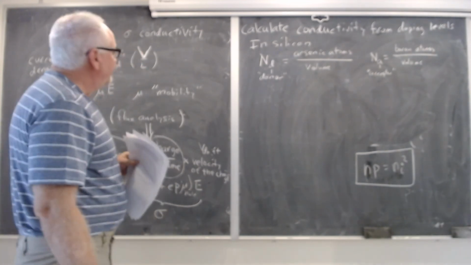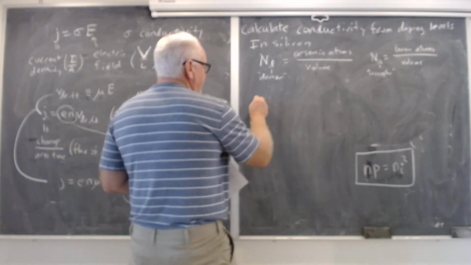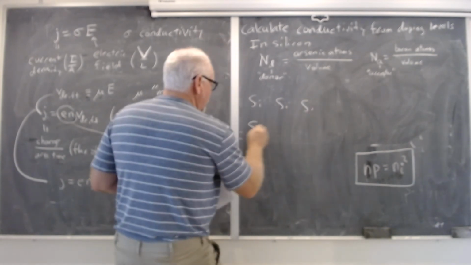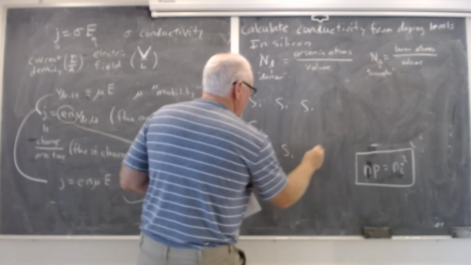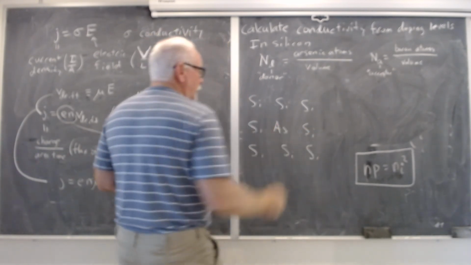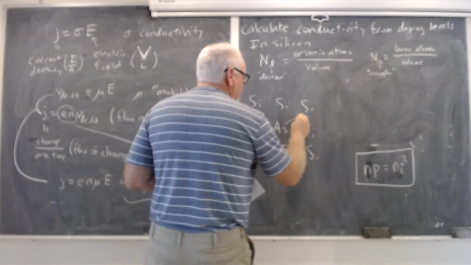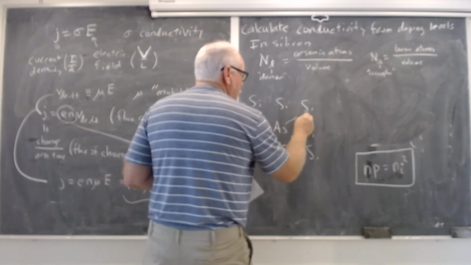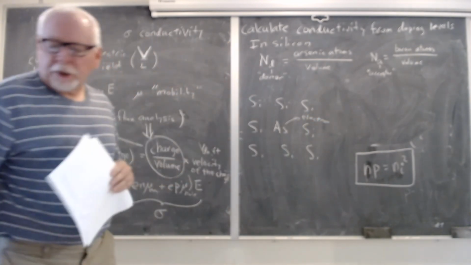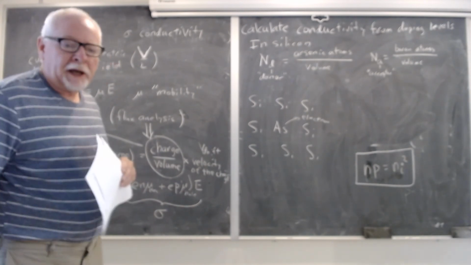Now, I did erase my picture of the crystal. I have to draw it again real quick. I'm sorry. So let's imagine a donor atom. It's arsenic here, and I'm not going to draw them all, but it gives up an electron that can go flying off and be a happy conductor.